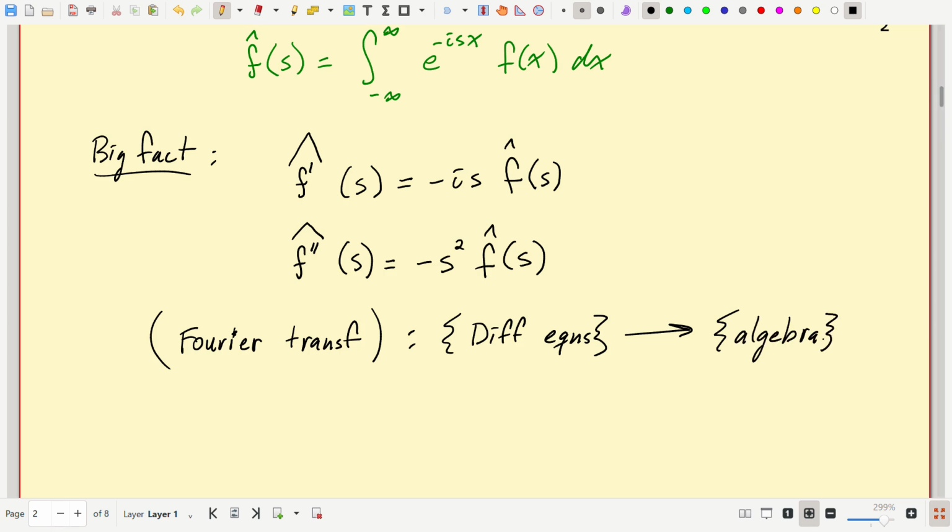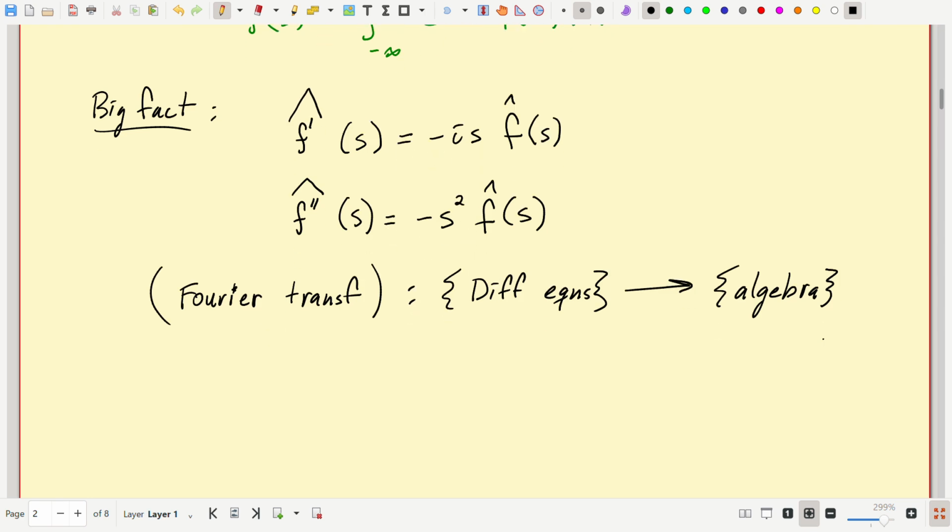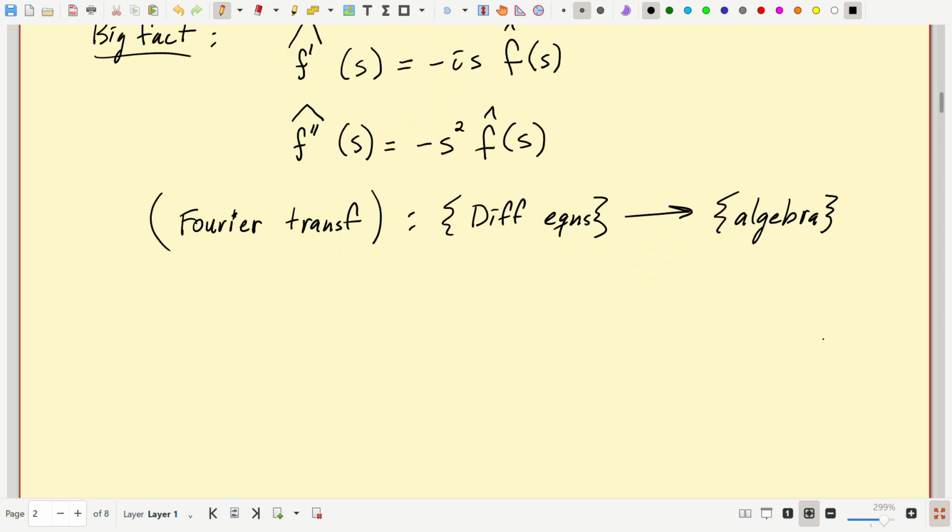Well, that wouldn't be a big deal, because this would turn a differential equation into an algebra equation, which you could solve for f hat. And that wouldn't be a big deal unless it's a routine thing to get f back from f hat.